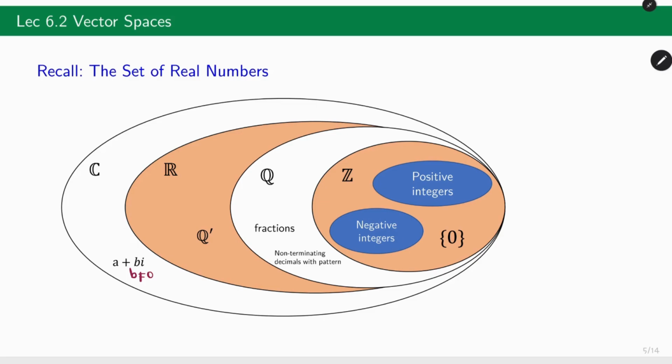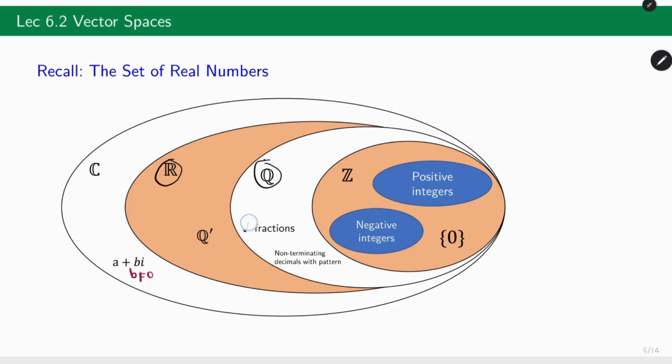Inside the complex set, we have the real set, R. Inside it, we have the set of rational numbers, Q, and irrational numbers. Inside the set of rational numbers, there are integers and non-integers.